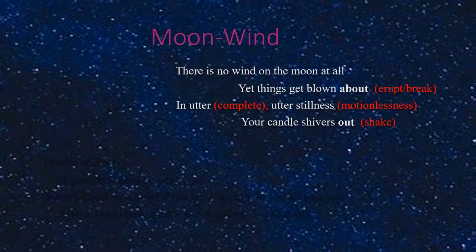And in the third line we can see he has used the word utter twice, just to emphasize the stillness or calmness of the moon. Okay, and he says that a burning candle on the moon would shiver in spite of that complete silence. The candle would still be blown away.